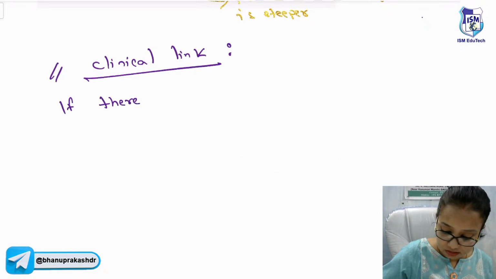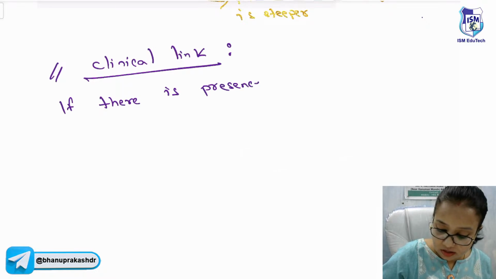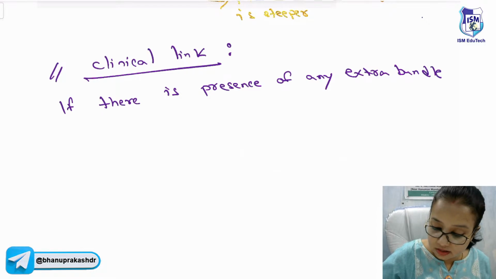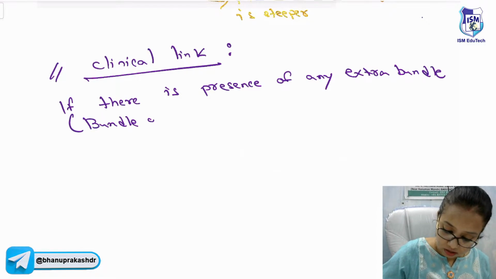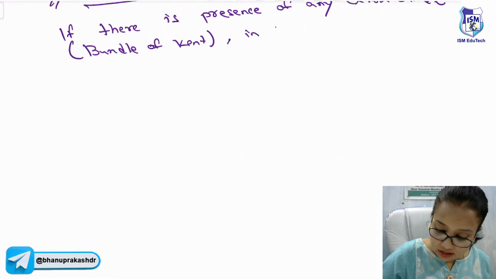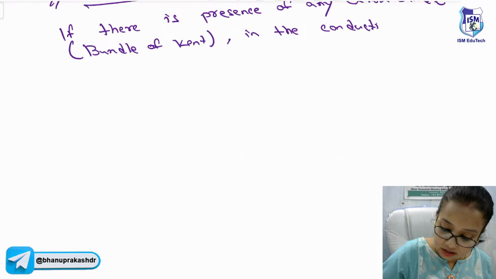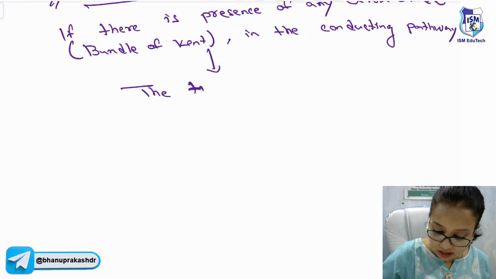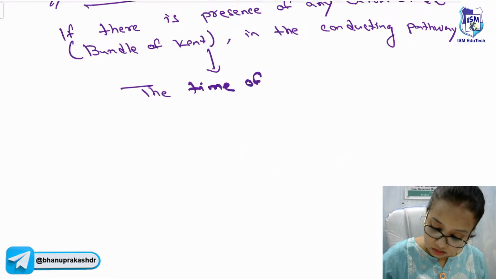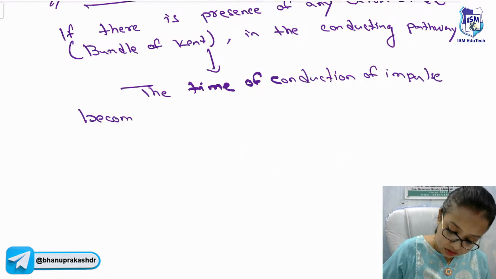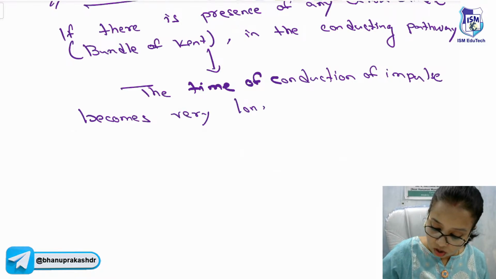If there is presence of any extra bundle, like bundle of Kent, in the conducting pathway, then the time of conduction of impulse becomes very long.